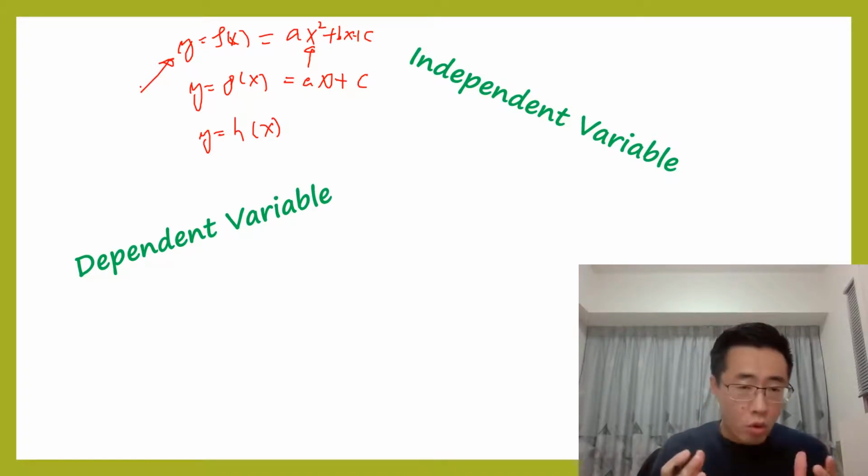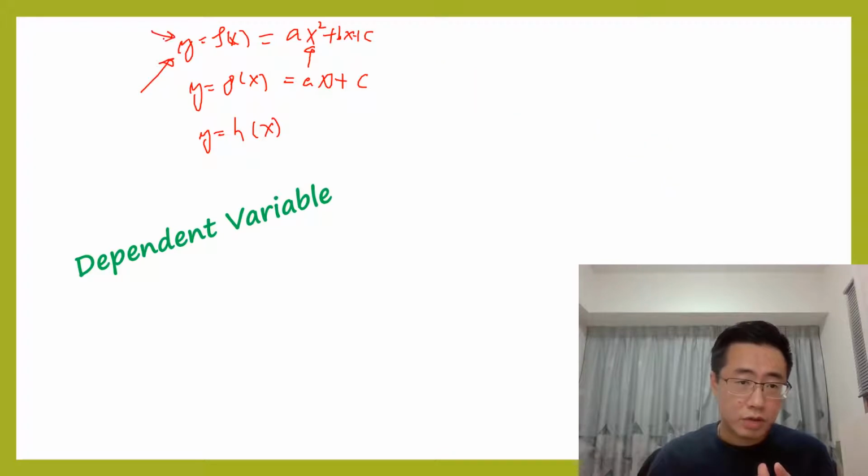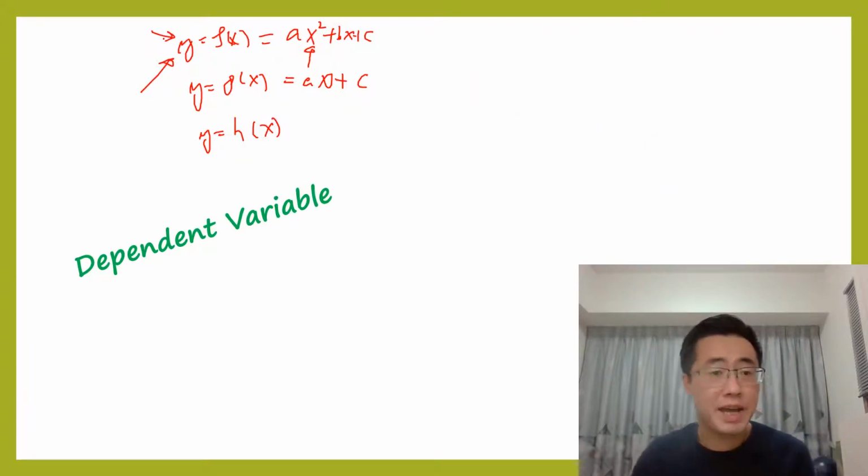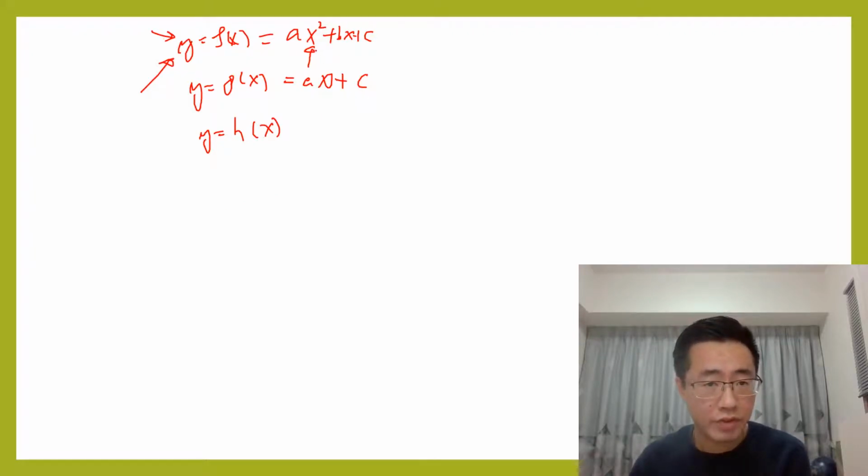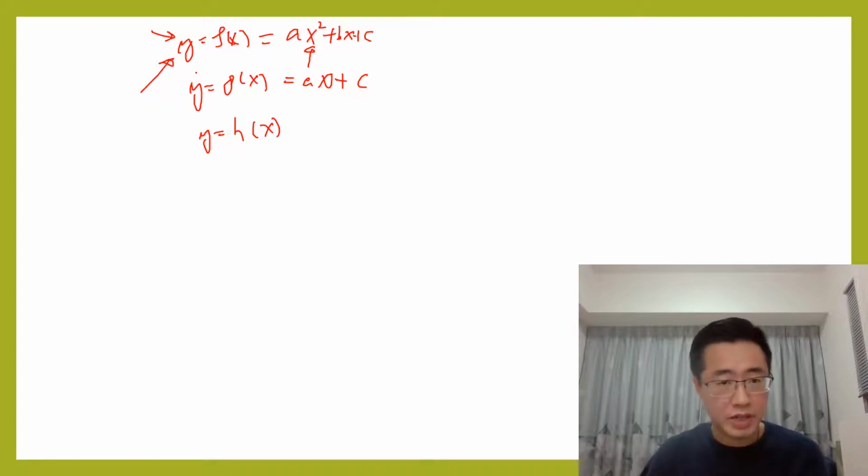This y is called the dependent variable because it is dependent on the value of x as the input to the function. y is the resultant value. x is the value that you pick as an input for this function. That's why x is called the independent variable. It's independent of any value of y or the other values, for y is actually dependent on the values of x.